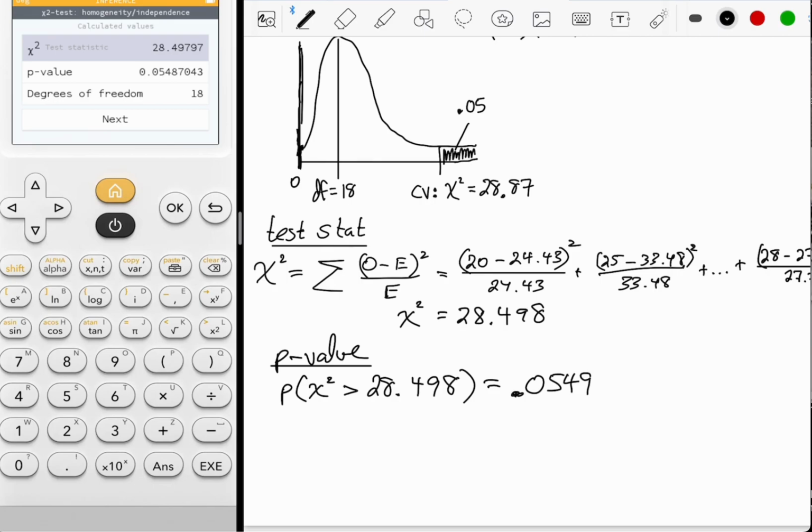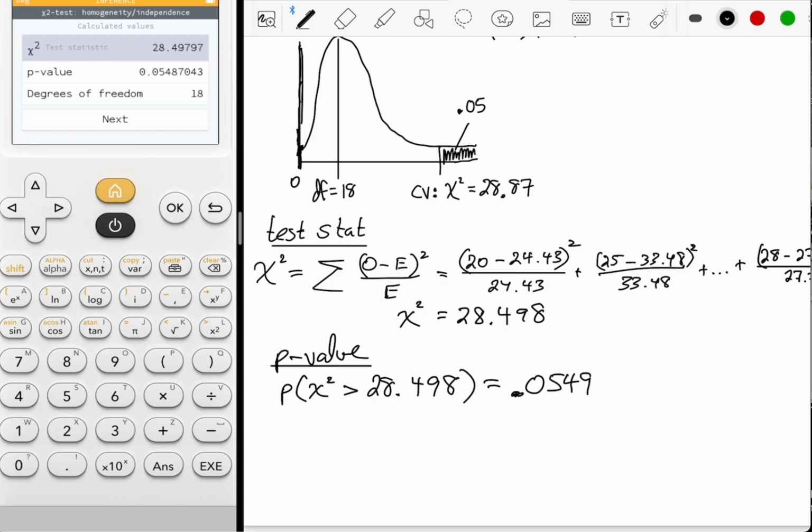This is one of those middle of the road p-values that would reject for some alphas but not for others. So this would fail to reject for 0.01 and 0.05, but it does reject for 0.10. So this is one of those instances where the data allows you to go either way in drawing your conclusion.